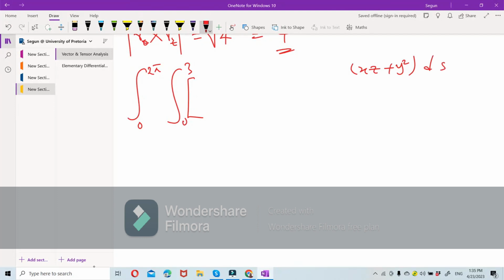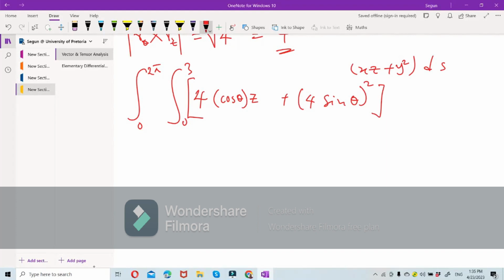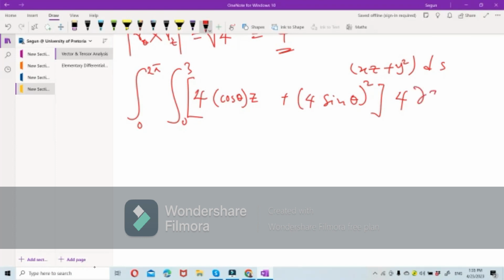And the x. So now let's substitute into it. When you are trying to substitute, we have 4 cos theta z plus 4 sine theta all squared. Remember, R is there. We have our R, the Z, the theta.